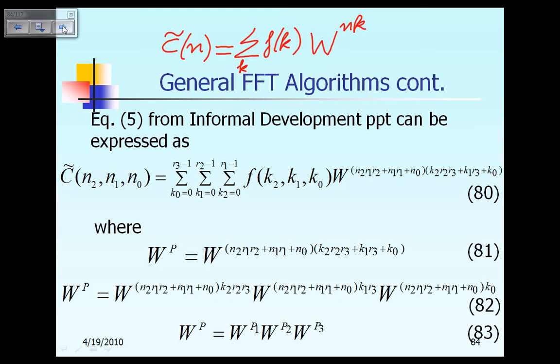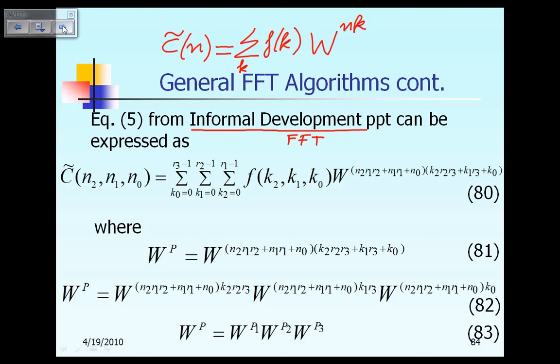That formula that I just wrote down in red color came from the informal development of the fast Fourier transform that I explained to you many chapters ago.